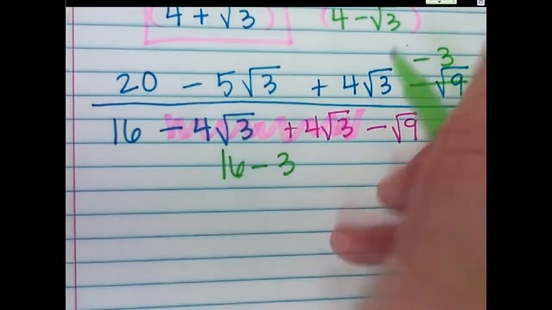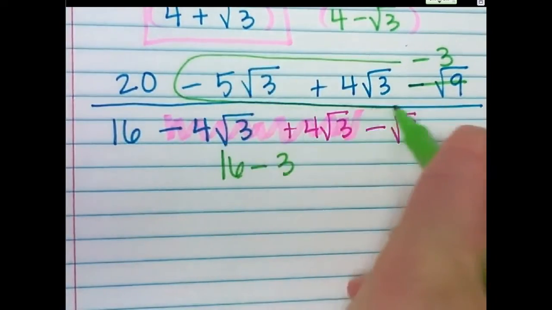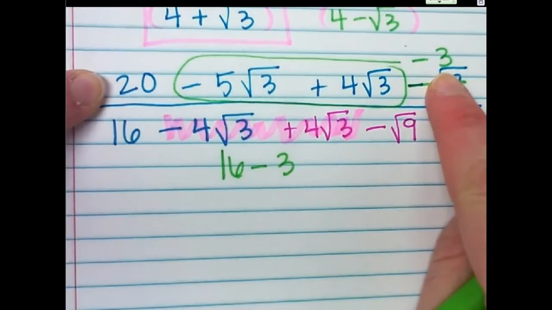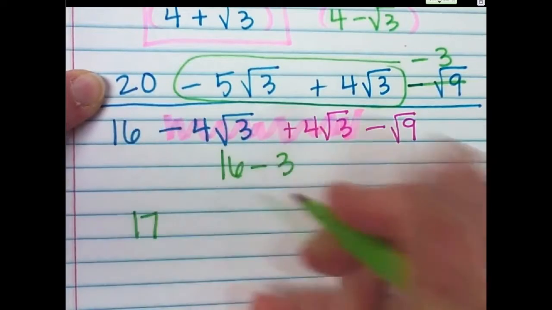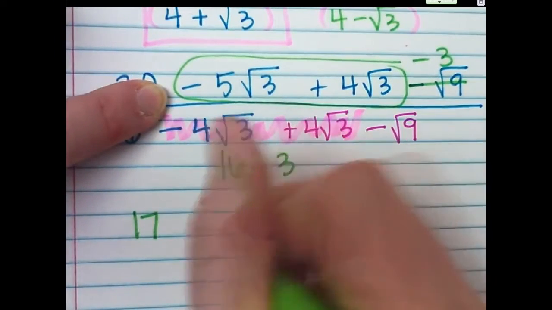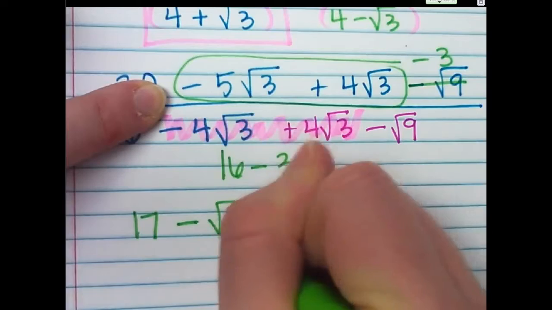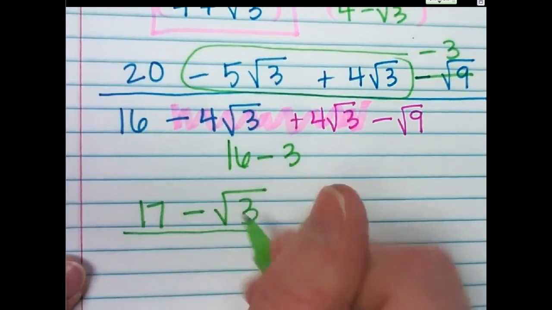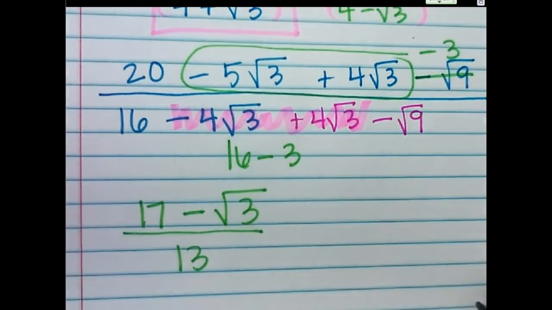Yeah, I can put these together. Negative 5 plus 4. So I have, make sure I don't lose you here, I have 20 minus 3 is 17. And then negative 5 plus 4 is negative 1. You can put the 1 or not put the 1. Over 13.